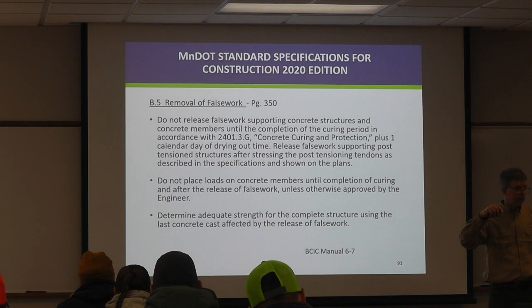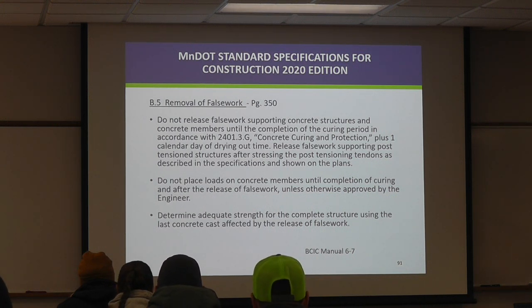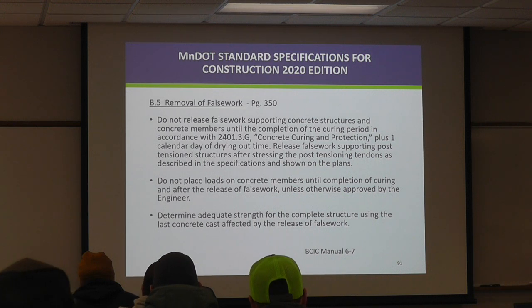If we would remove that falsework, that whole thing would collapse. So we have to have our post-tensioning in place. But this is saying that you also, before you can release it, post-tensioning or no, you have to have fulfilled our concrete curing and protection plus one calendar day of dry out time.